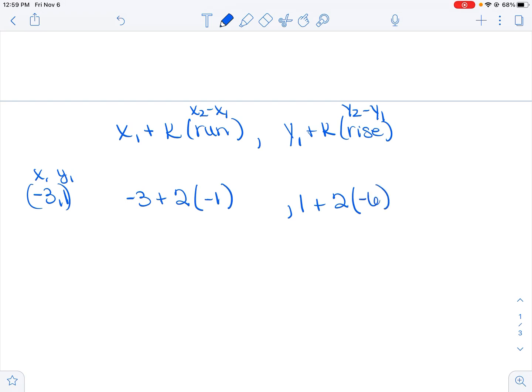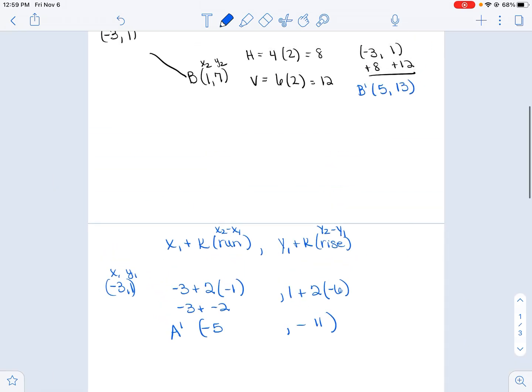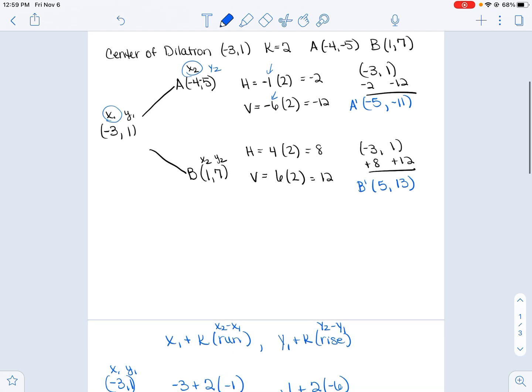So let's see if this formula works. 2 times -1 is a -2. And -3 plus a -2 is a -5. Okay, over here, 2 times -6 is a -12. Plus 1 is a -11. Was that our coordinate for A prime? -5, -11. Yes, it was.